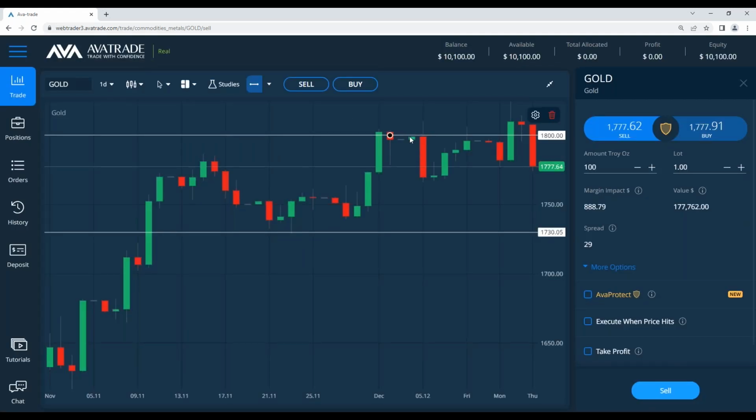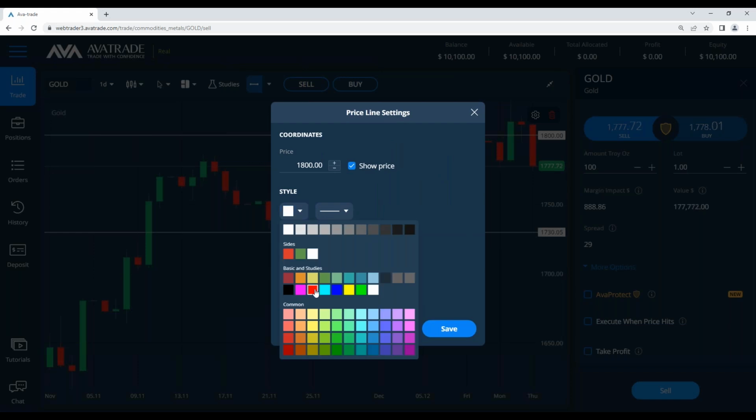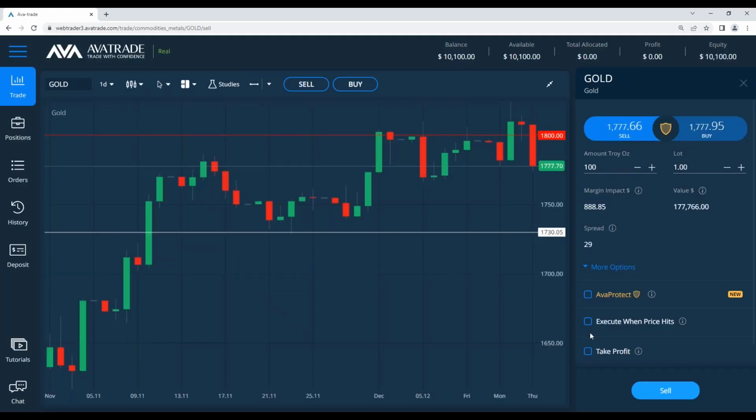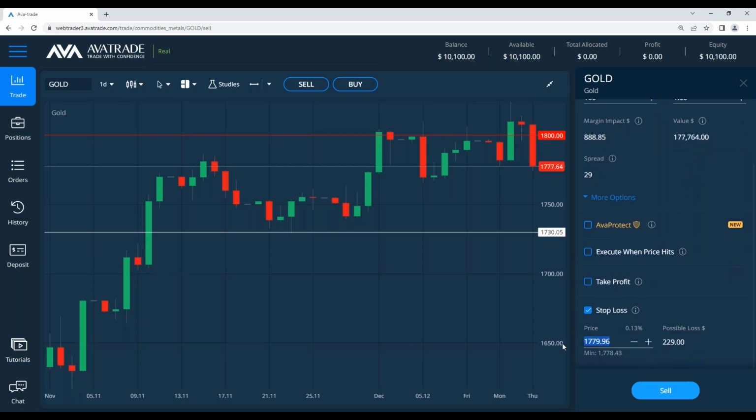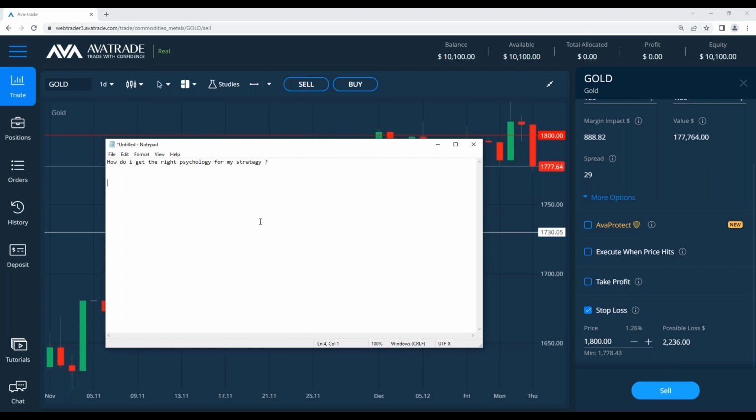Now, let's paint it in red as it's a dangerous price. I didn't want to use a stop loss, but just hypothetically, if it would get to 1800, what could have been the result? Let's suppose I took this position with gold, and I lost $2,243.